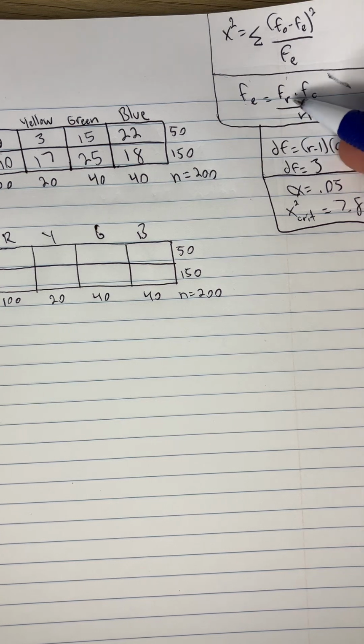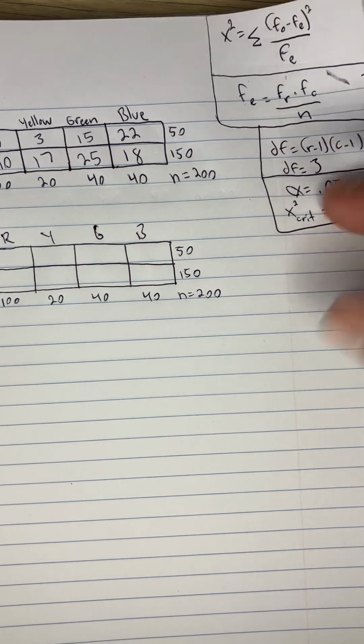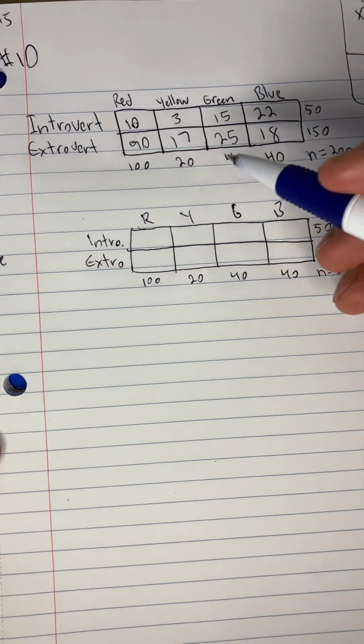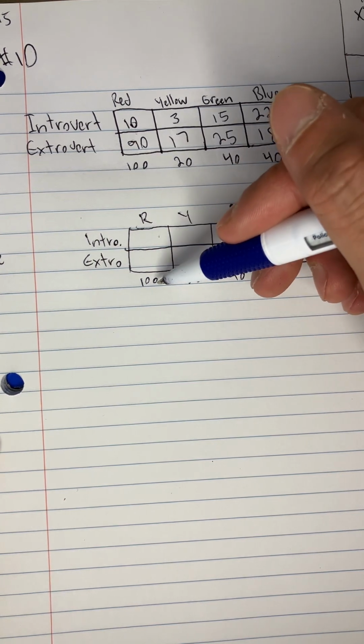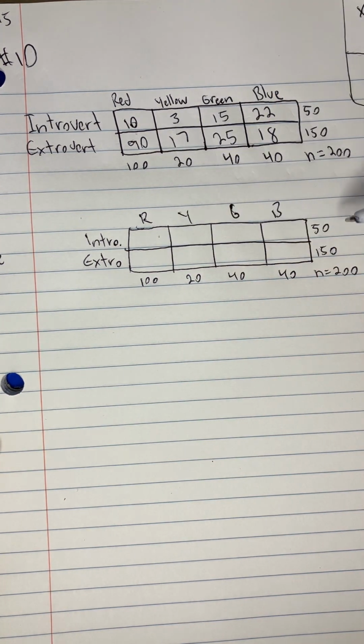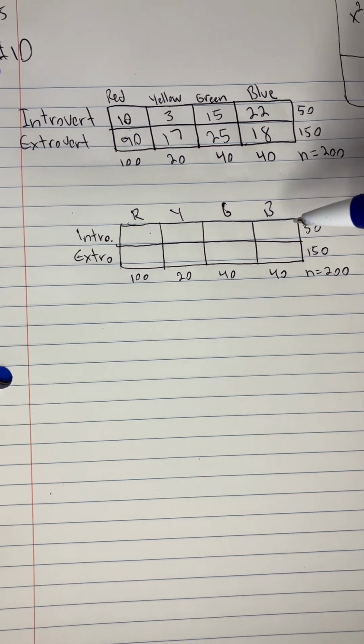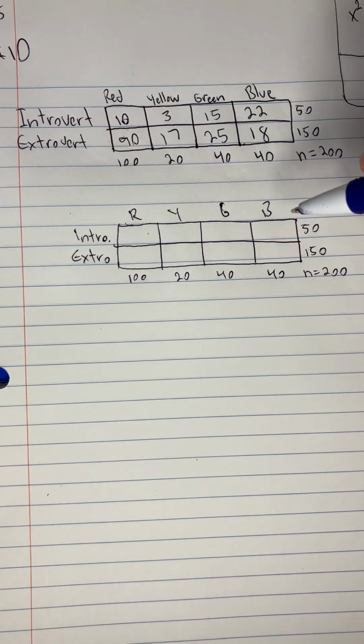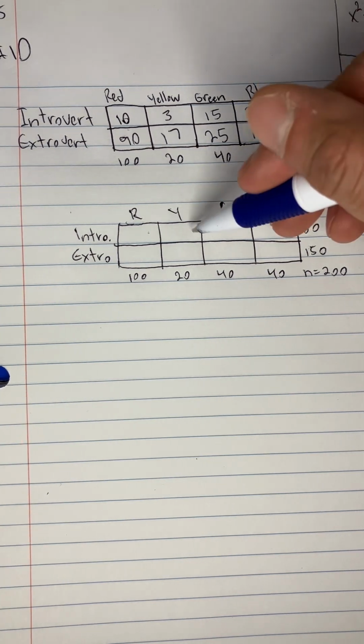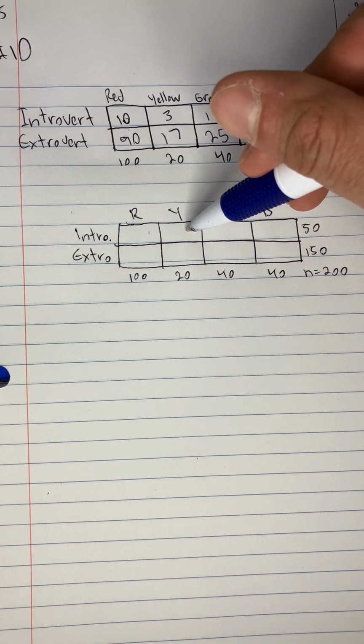So remember, the formula is row total times column total over n. For any given box, its column total is 100 and its row total is 50. So that's 100 times 50 over 200. I pre-calculated these, but that's the way they're all going to go. So this one is 50 times 20 over 200.